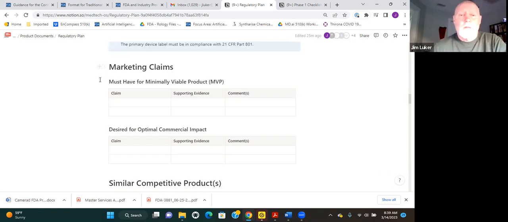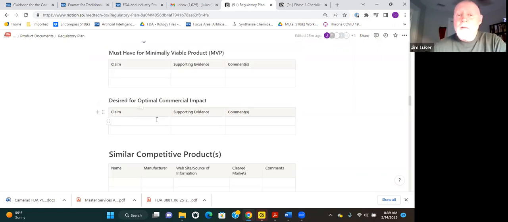And back to the labeling area. So marketing claims: we would ask the client, what's the absolute minimum claims that you would need to have a commercially viable product? And we would list them here. And what evidence do we have that supports that? And then what optimal claims would we like to have?